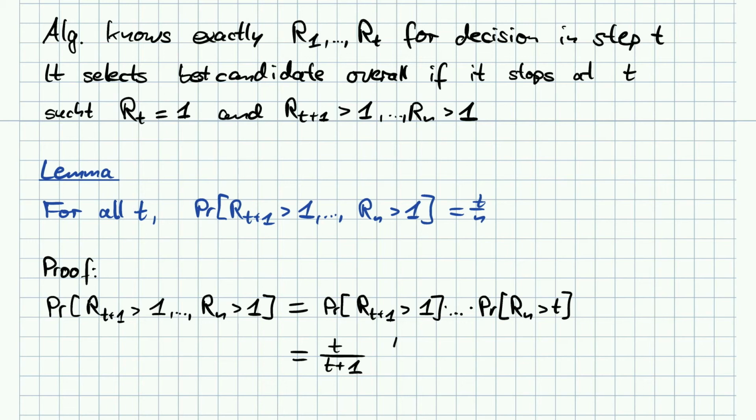And then the second one is (t+1) over (t+2). This is exactly equal to the probability that we don't see a best so far in step t+1, or t+2, and so on up to the last step. Now you can see that you can cancel these things, and what remains is also t over n.